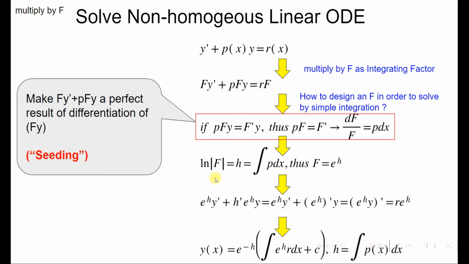And since we already find f, which is equal to e to the power of h, we multiply the ODE by f. So at this stage, you get this expression.